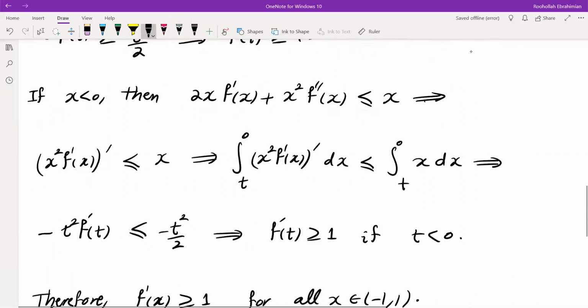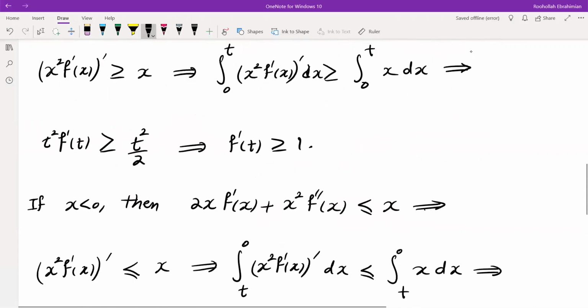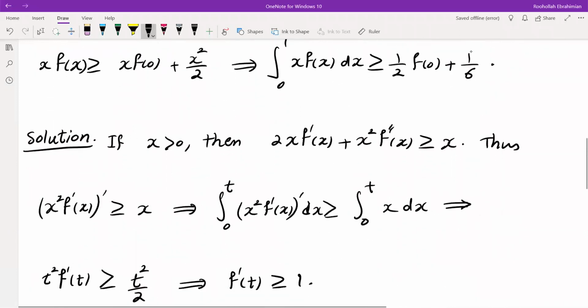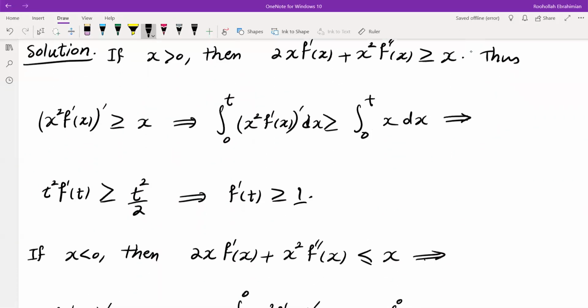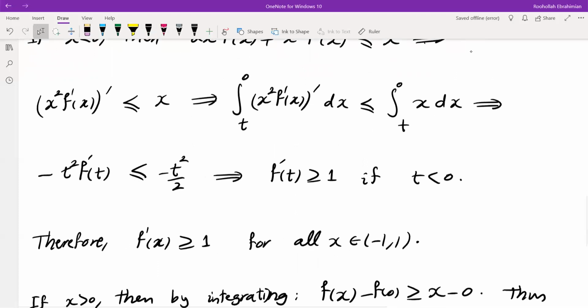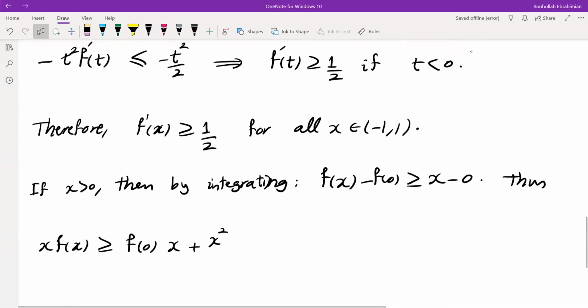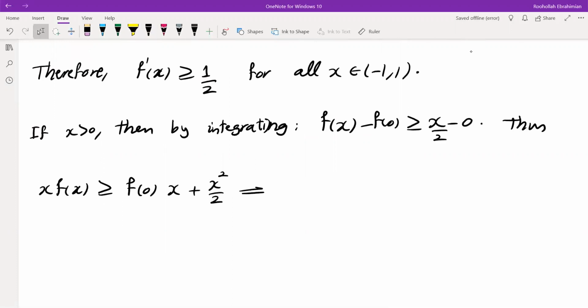Oh, I think I missed this one as 1/2. This should be 1/2. Okay, so this is x squared over 2. And then we integrate that from 0 to 1.